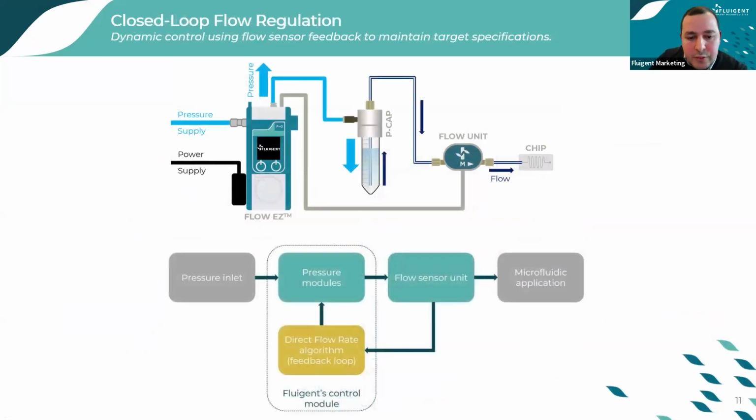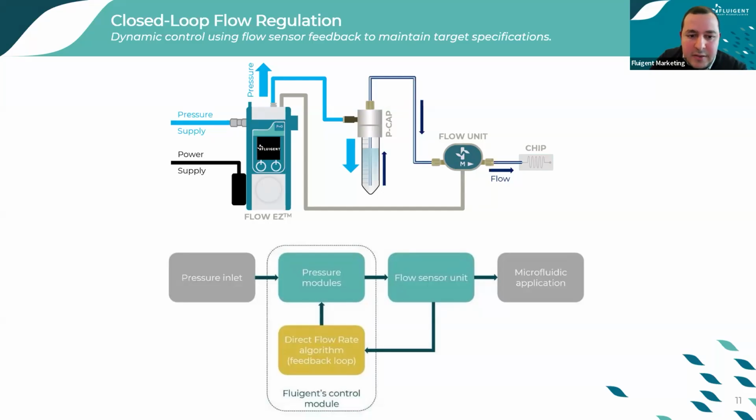However, in order to control the system and have this response time, as you can imagine, a stable flow is essential, particularly for experiments involving living cells or biomedical applications. Our technology is based on direct flow control, or a DFC algorithm, which continuously monitors flow via sensors and adjusts pressure in real time.